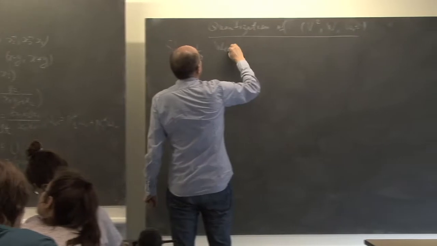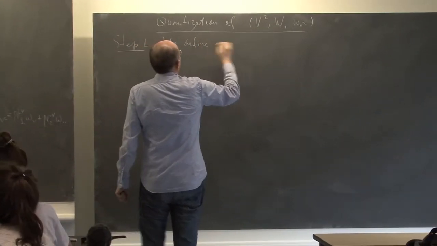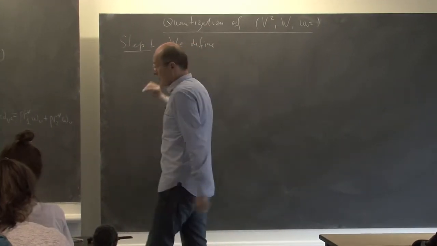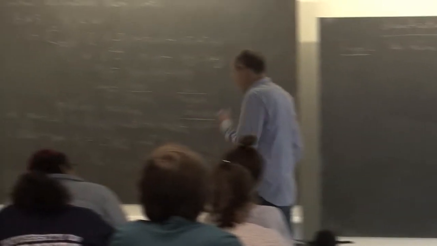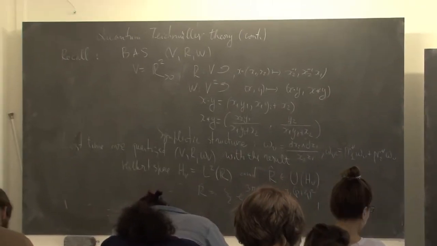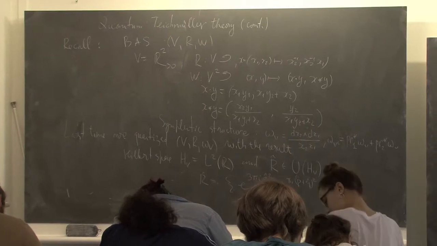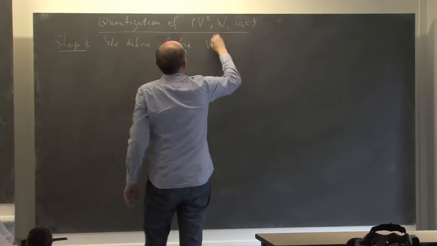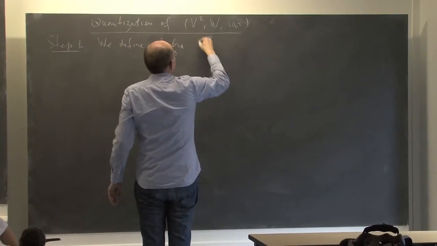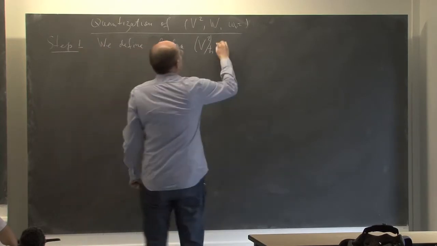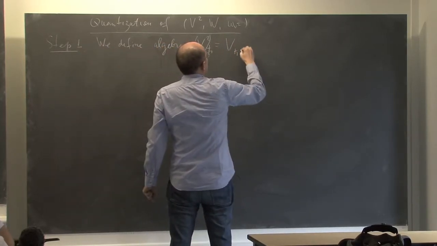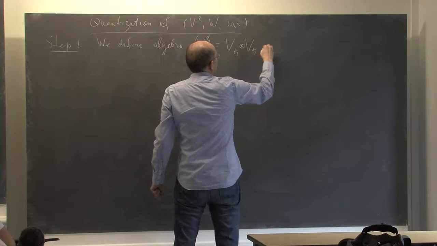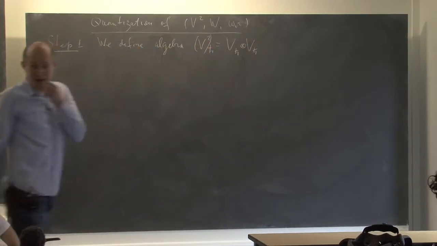So we define, how was the algebra denoted? I think we put just the sub-index H bar, right? The algebra. We define the algebra V squared H bar, let me put in parentheses as V sub H bar tensor V sub H bar. Okay, V sub H bar was defined last time.